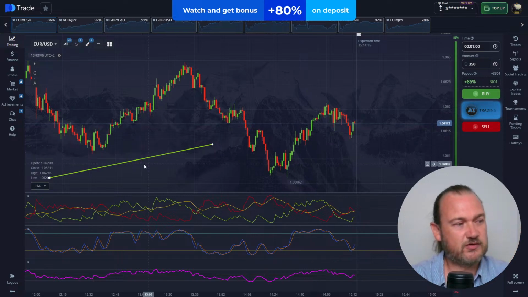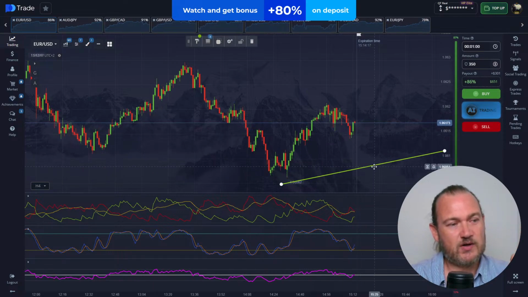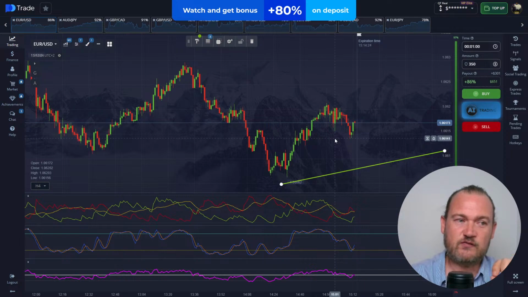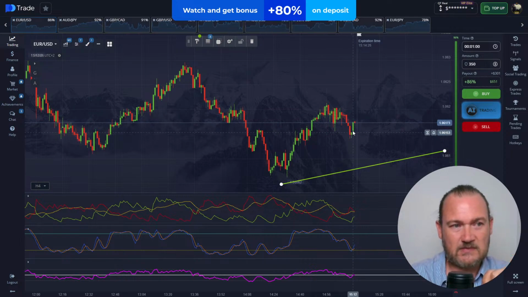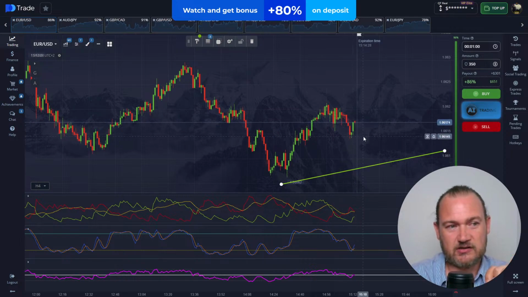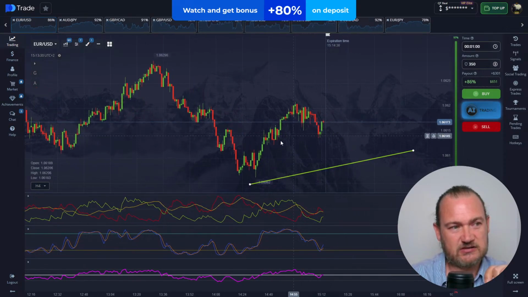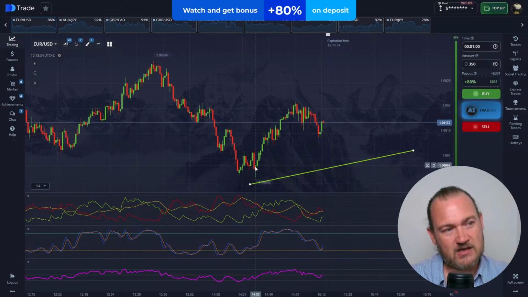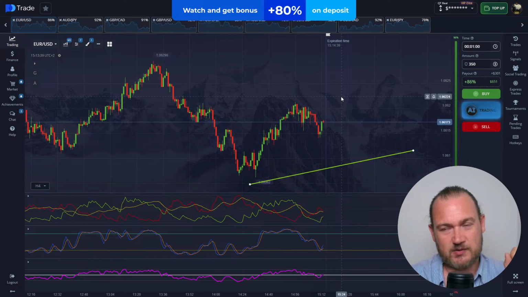So what we want to do with trend lines is we're going to wait for the low. This would be the low here from the downwards movement. And then we're going to look for the retracement. This will be our new retracement here, because if you look at the way price moved here, we came up and this was a down, and now we're moving up again.